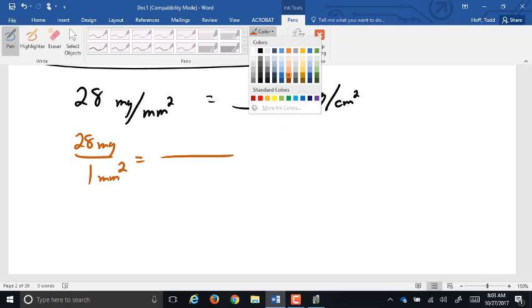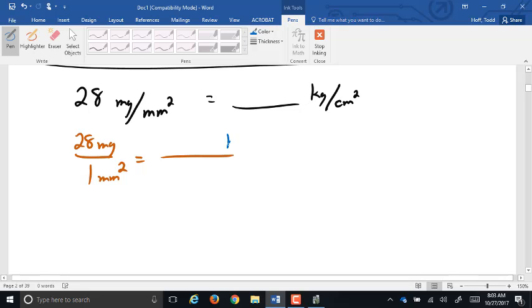We are converting to kilograms and square centimeters. Milligrams to kilograms is 6. Millimeters to centimeters is only 1 spot, but it's squared, so it's 2. Right?